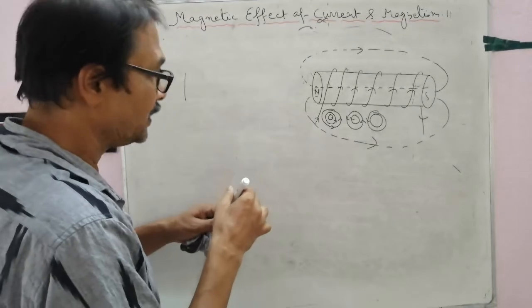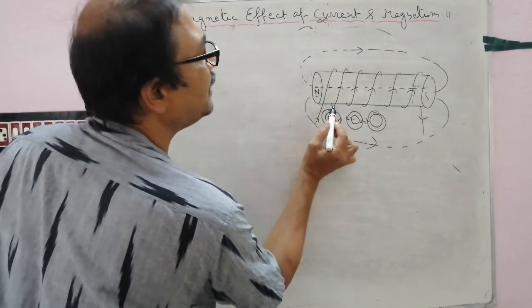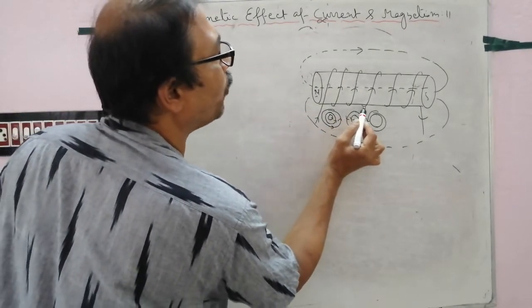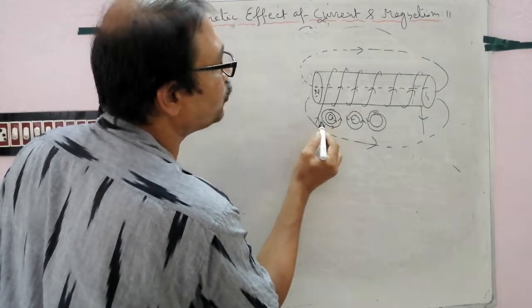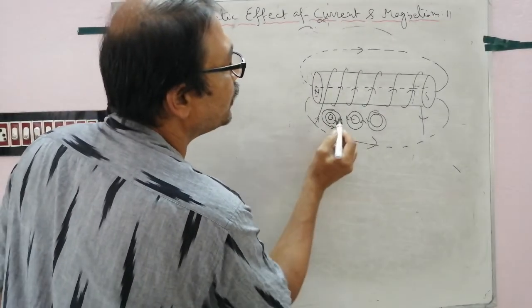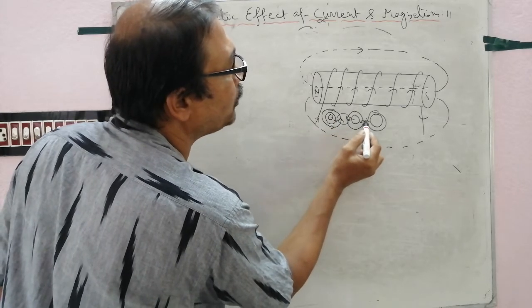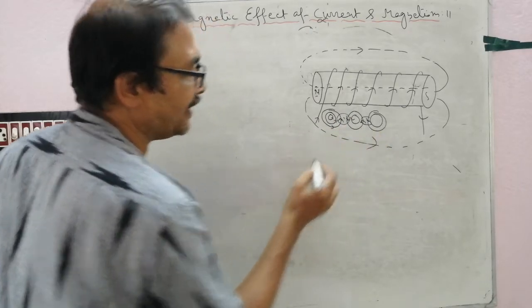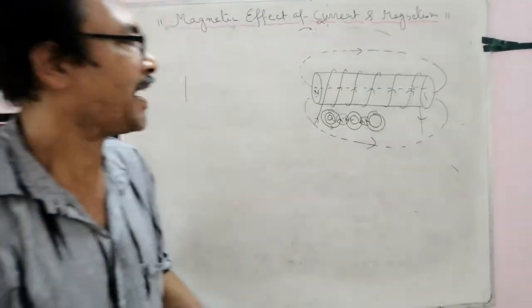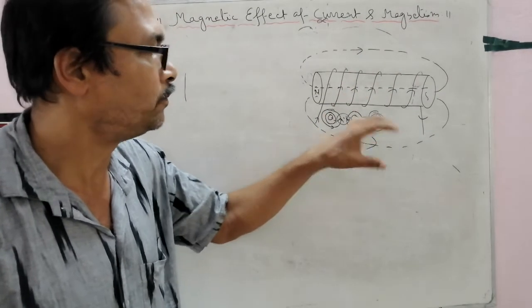Follow this portion, this small part, due to this the lines of force go in this way. Follow this area, two lines of force are opposite to each other, so here they cancel. That is why the magnetic field outside the solenoid is nil.